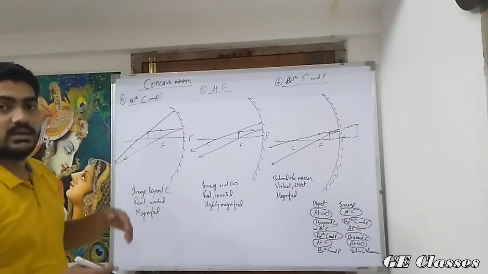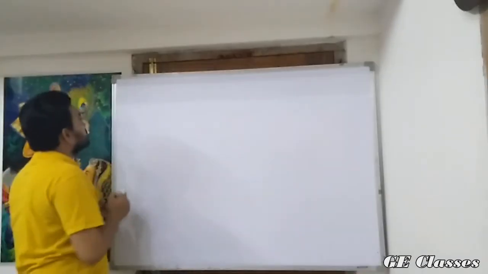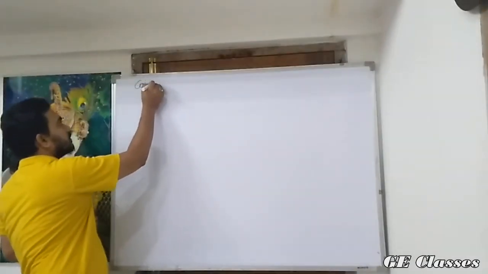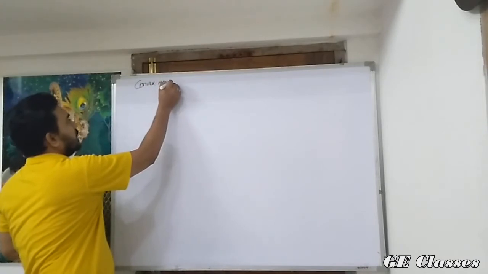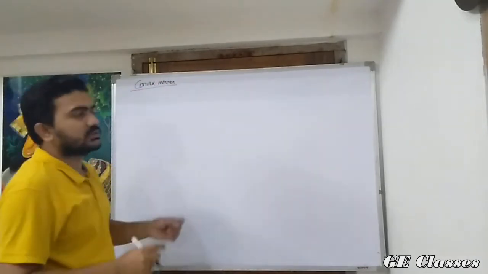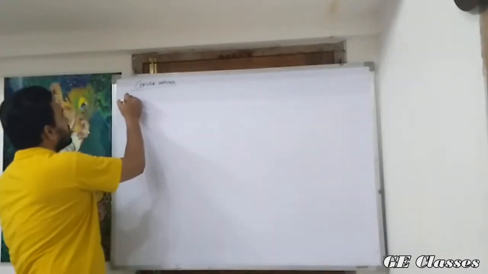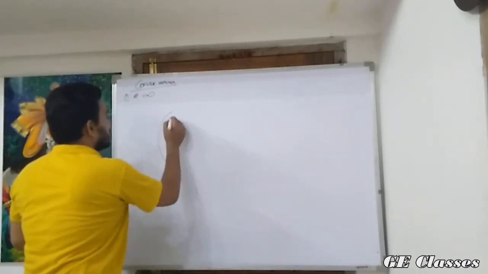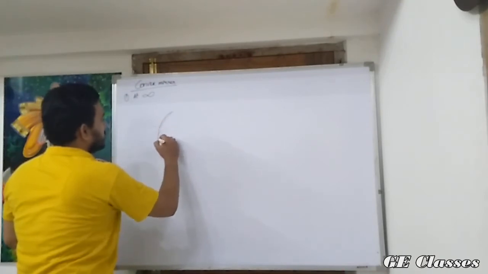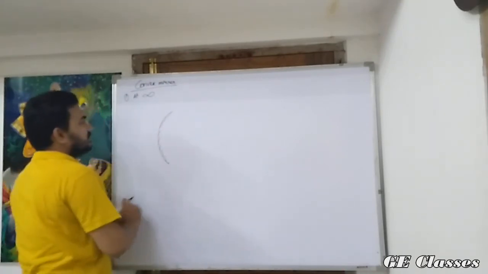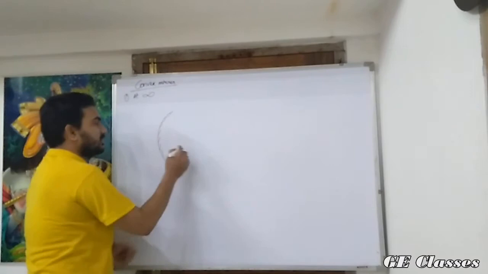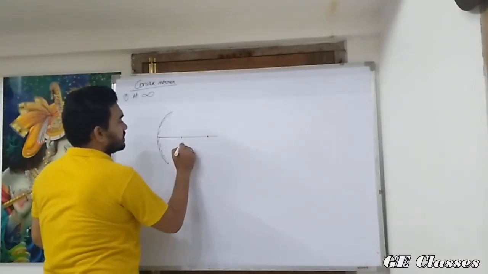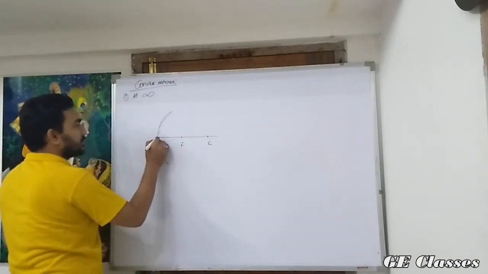Now let us take a look at the convex mirror. Unlike the concave mirror, the convex mirror has only two cases. One, when the object is at infinity. This time the outer surface is reflecting, but since the curve is to the right, my focus and center of curvature would be to the right.